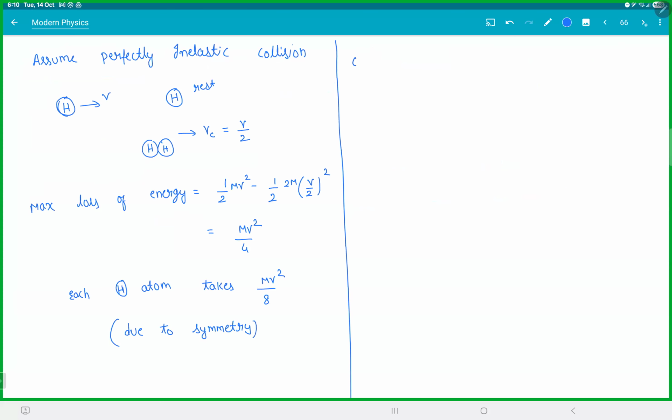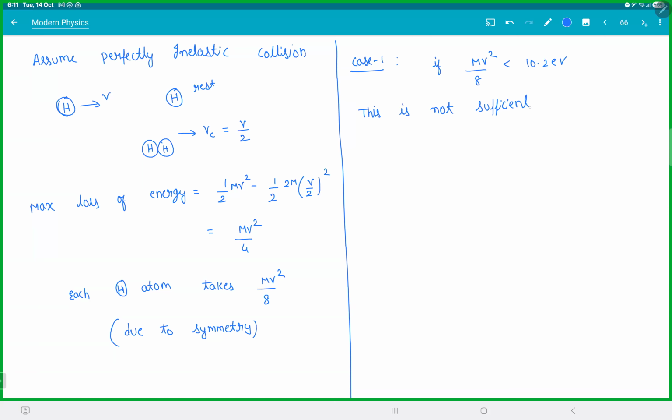So case one, if mv square by 8 is less than 10.2 eV, then what will the electron say? Boss, this is not sufficient for the n equals 1 to 2 transition. Therefore, the electron will not take this. Means you cannot lose any energy.